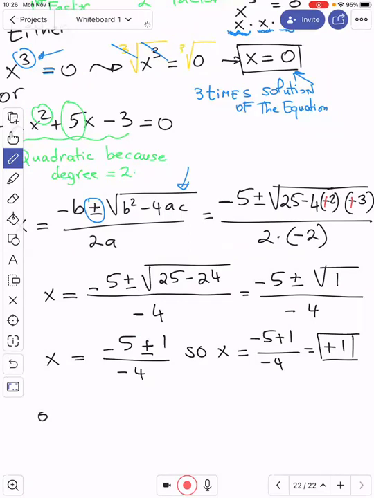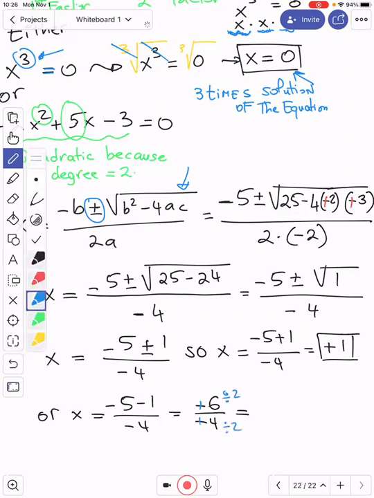Or x, if you subtract, that's -6 over -4. So if you reduce your fraction, of course, this is negative over negative, so it's positive, and you can reduce your fraction by dividing the top and the bottom by 2. So there'll be 3/2, right? So this is 3 over 2. So that's your second solution.